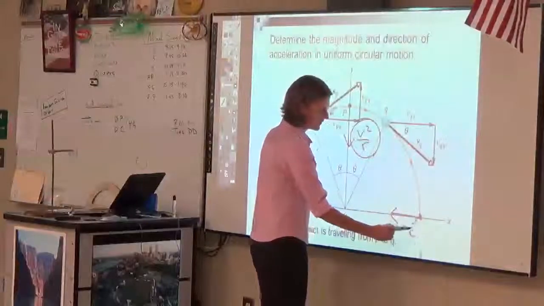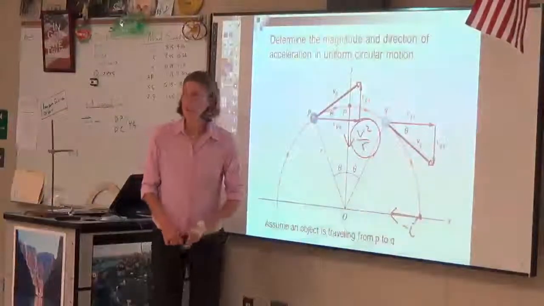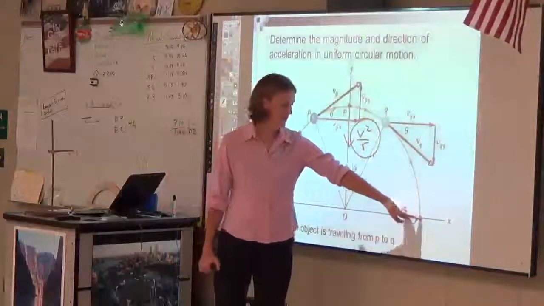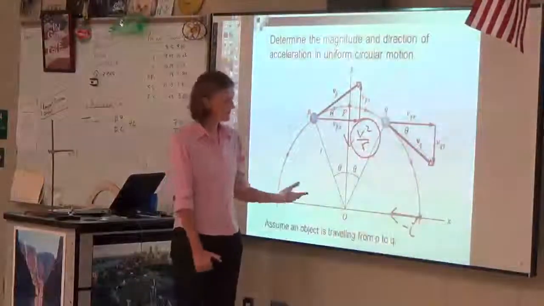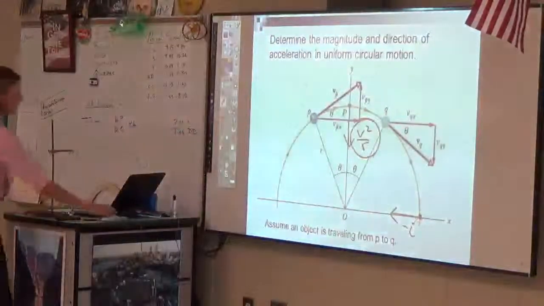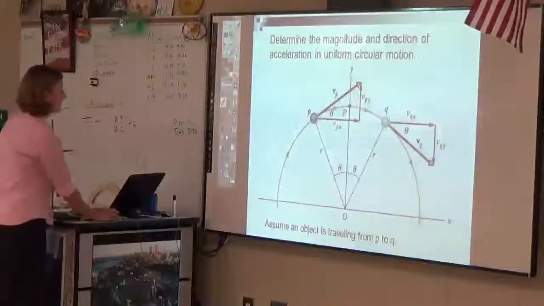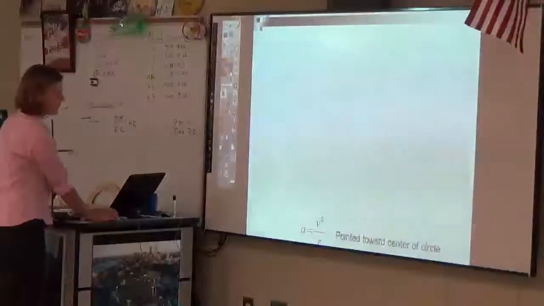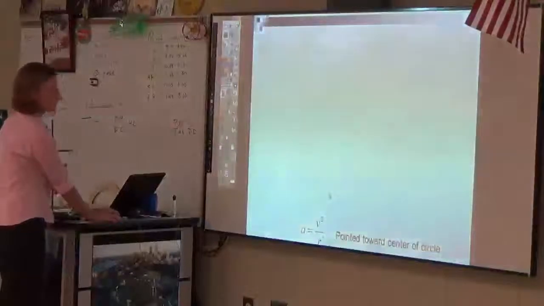Good. And those are kind of common questions too, just simply like which way is the acceleration going, if I'm here, or if I'm here, or if I'm here. You know your unit vector notation. Just know it means center seeking. Okay. So that was all a long proof, simply to prove this formula for acceleration of something moving in a circle.